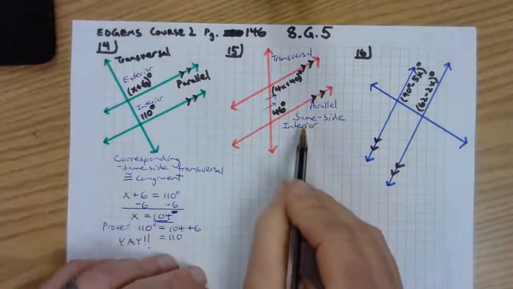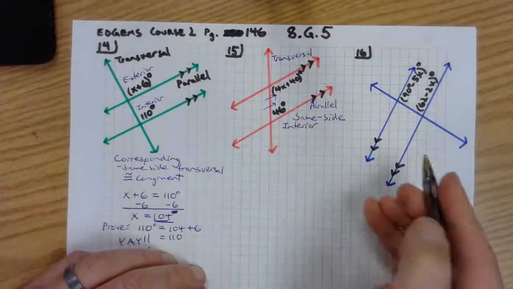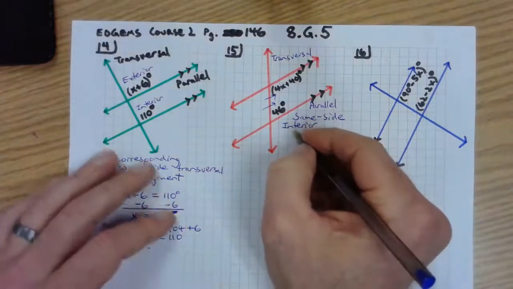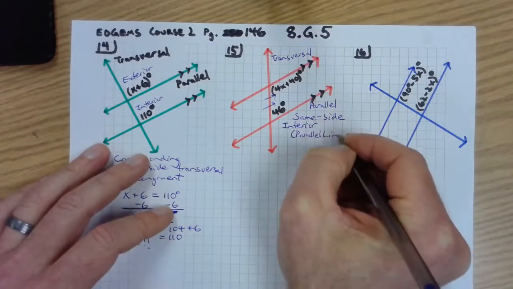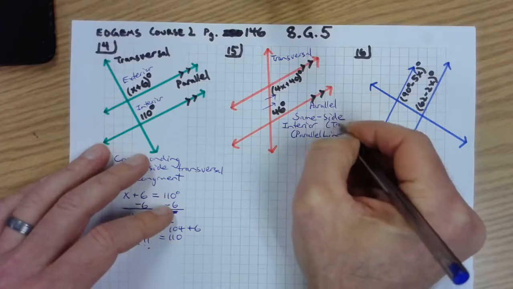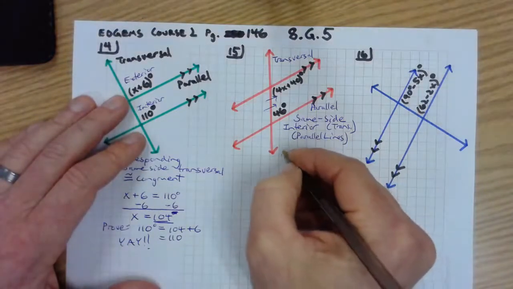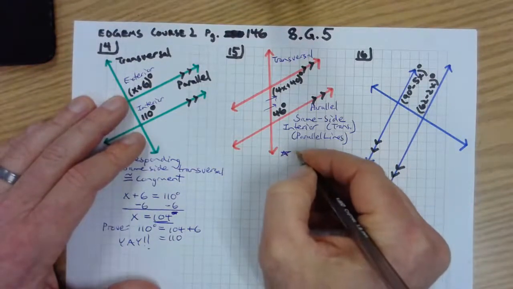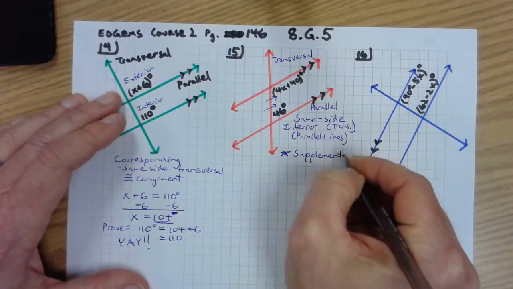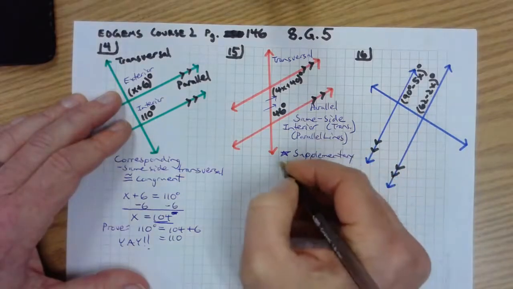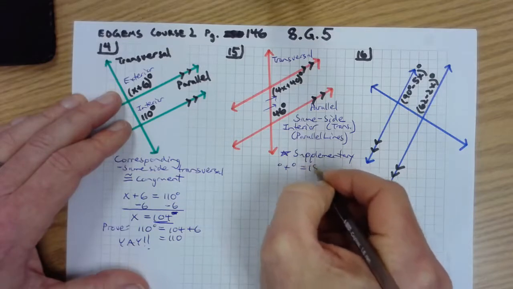I love this term because the definition is the same as the term. They're on the same side of the transversal, and they're interior, meaning inside the parallel lines. Which means, importantly, that they add up to 180 degrees. They are supplementary, my dear Watson. Supplementary means angle plus angle equals 180.